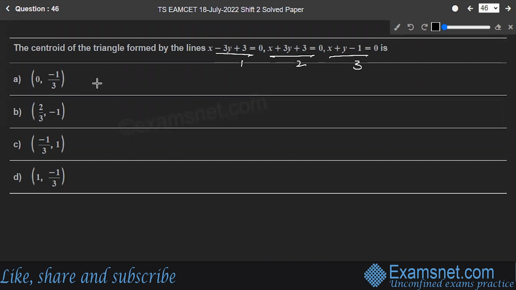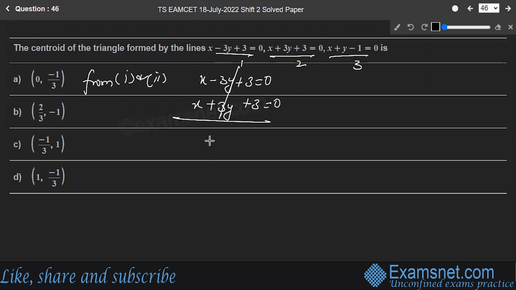So let's pick up 1 and 2. This will be x minus 3y plus 3 is equal to 0, x plus 3y plus 3 is equal to 0. So adding both of them, you will get 2x plus 6 is equal to 0, or x is equal to minus 3. You will solve and get the value of y is equal to 0.